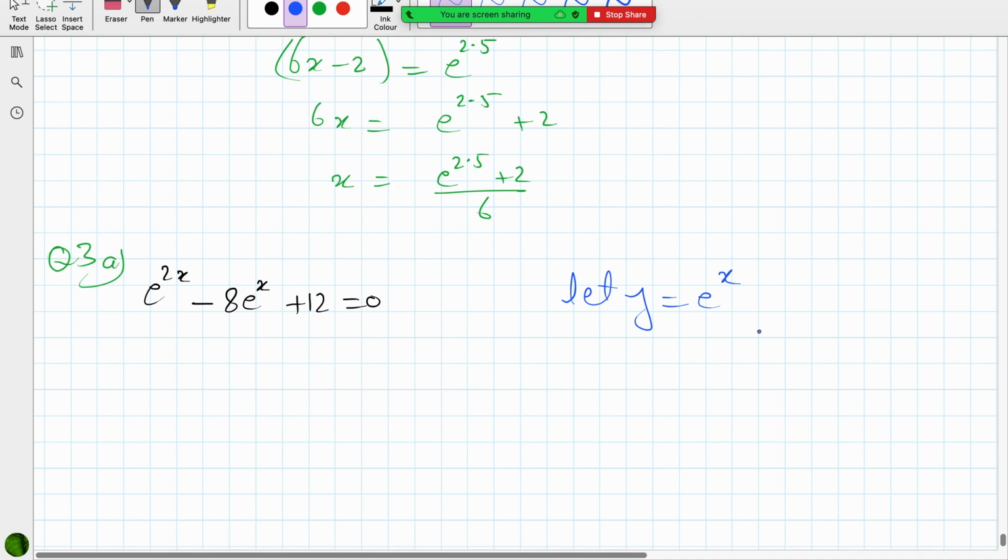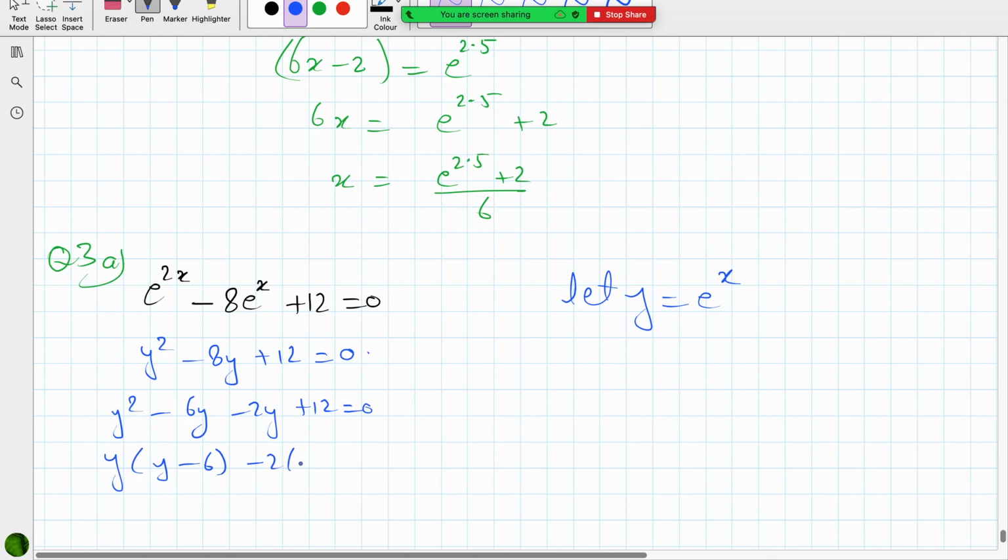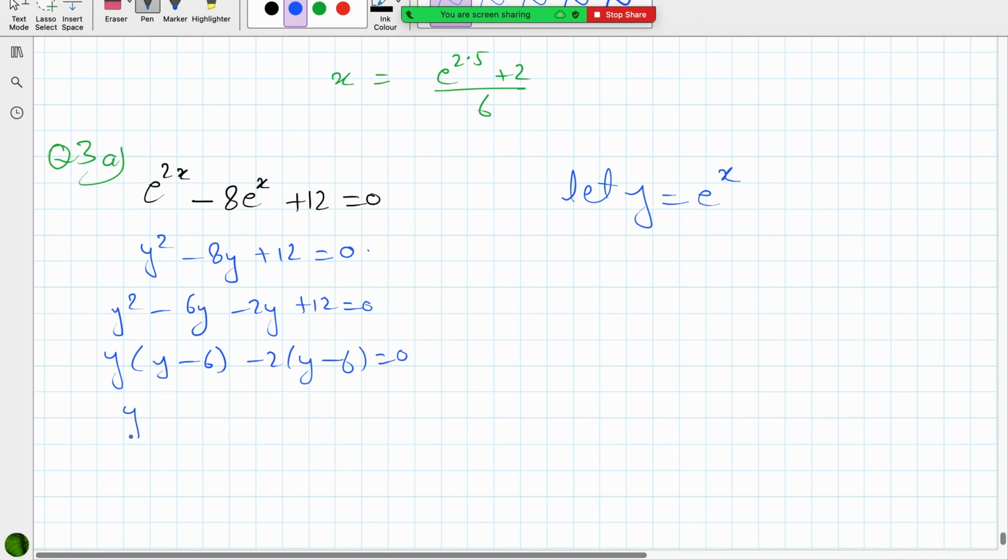We substitute it, and I can write y square minus 8y plus 12 is equal to 0. Now we'll solve this. y square minus 6y minus 2y plus 12 is equal to 0. Take out y as common. So y (y minus 6) minus 2 (y minus 6) is equal to 0. y minus 2 first factor, y minus 6 second factor. y is equal to 2 and y is equal to 6.